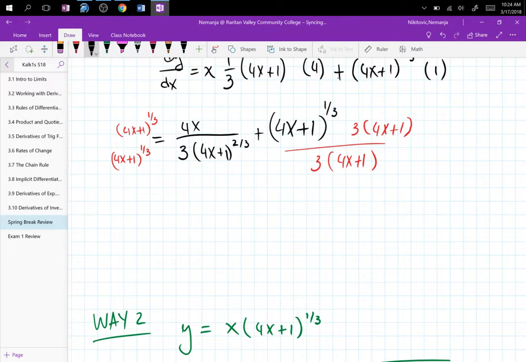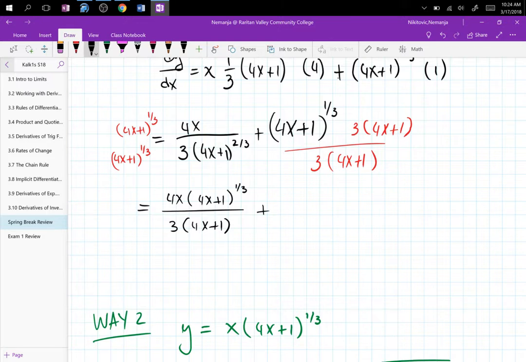Let's see. So now the left term is 4x plus 1 to the 1/3 divided by 3 times 4x plus 1. No exponent, because 1/3 plus 2/3 is 3/3, that's 1. So exponent is 1.